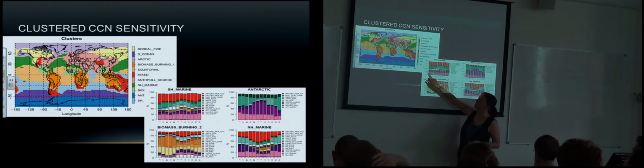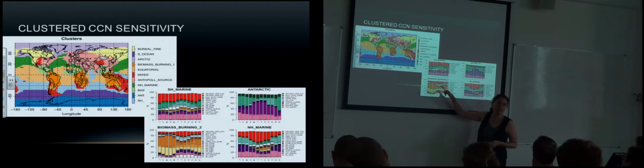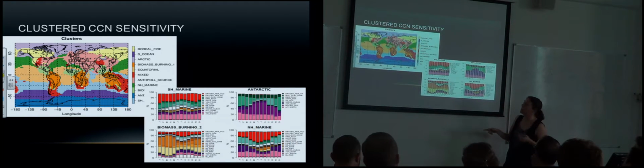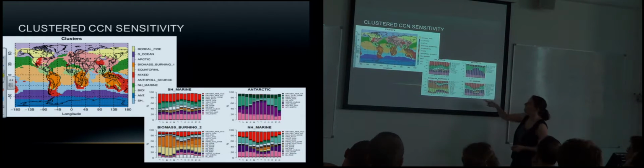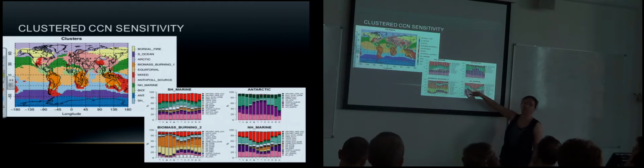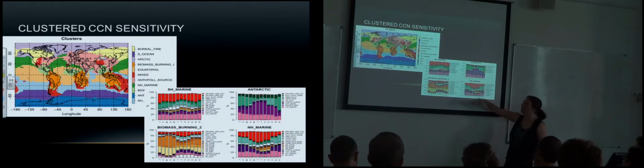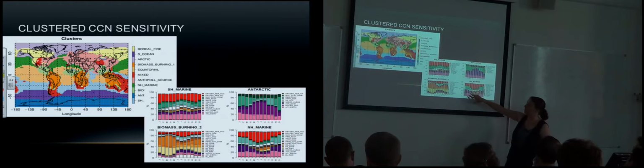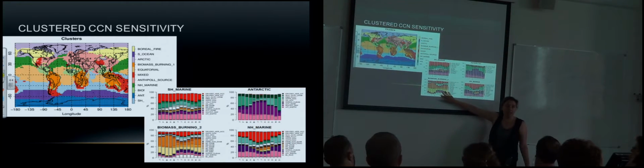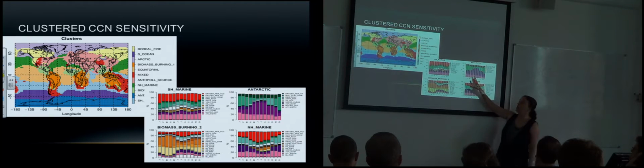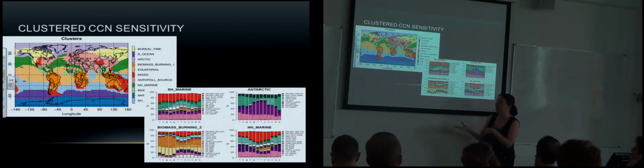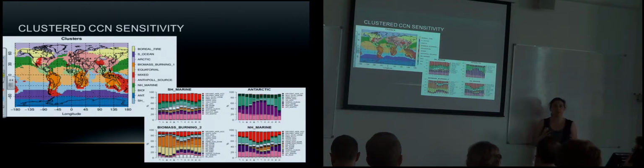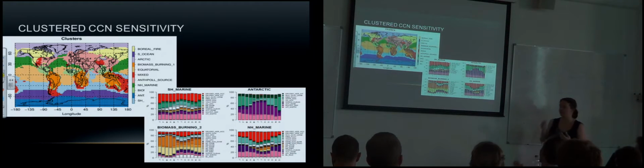If we could learn this precisely, we'd reduce our uncertainty in CCN by approximately 20% over all southern hemisphere marine regions, okay? What we found was that these main effect indices over all the oceans were pretty similar. Over the Antarctic, they're very different to over the biomass burning regions, which is not surprising either. But we get this picture, and we can see where different model parameters are affecting the CCN, and we get an idea of how our global model is behaving regionally across the world, okay?